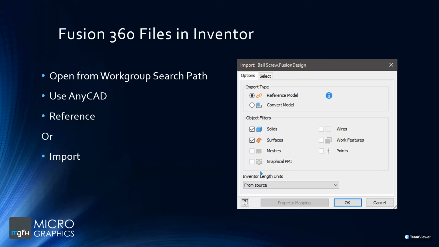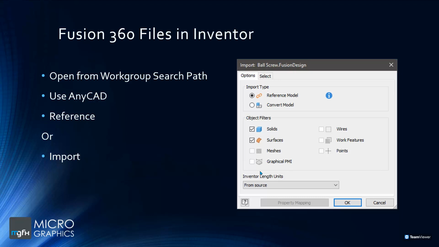We'll see the import window here, where you can choose to reference the Fusion 360 model, and this will keep a live link to the Fusion 360 model, so that if a designer modifies that model in Fusion 360, you will get notified about that change in Inventor, and you'll be able to update that base model from Fusion. You can also choose the convert model option, which will do a straight translation.